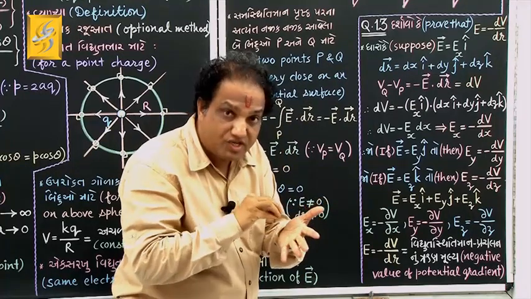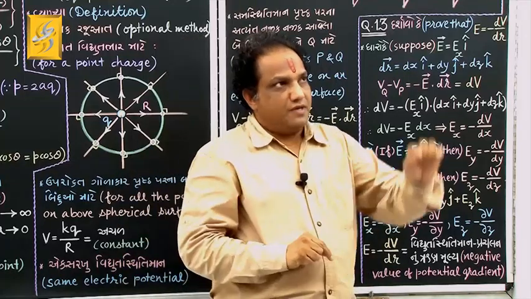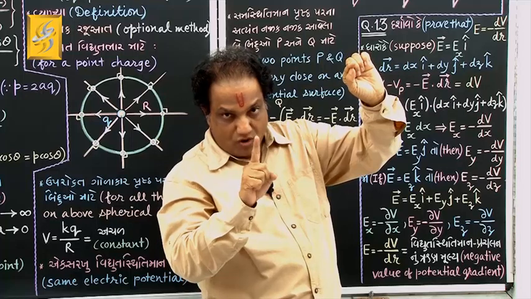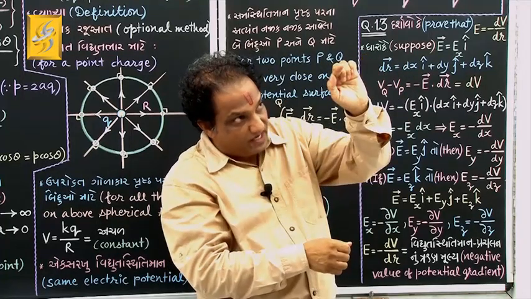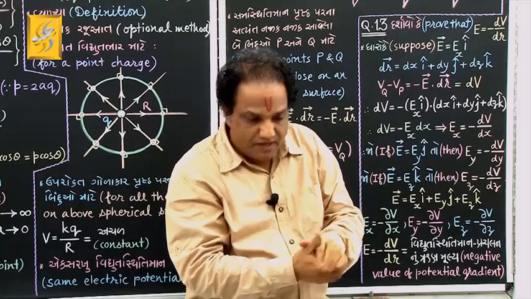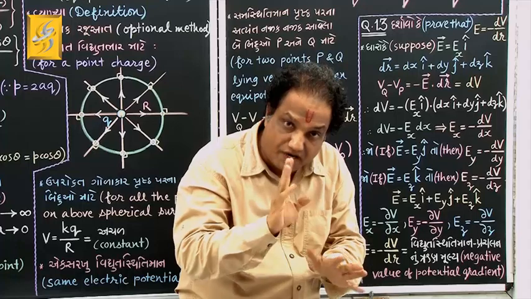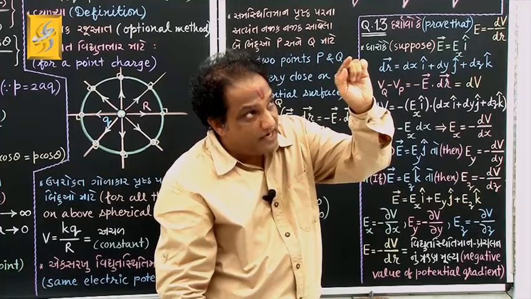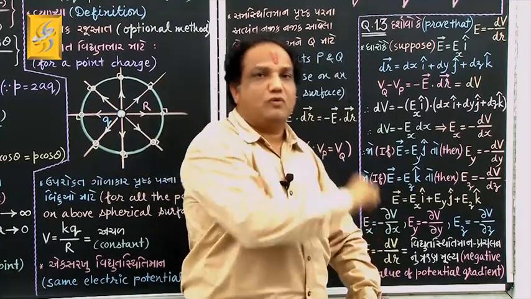Now, why is it a partial derivative? Why not complete? I am showing you. See, at a given point, say point P, in three dimensions you will have three coordinates of that point: x, y, z. You are finding the electric field at that very point. If the electric field in three dimensions has all three components, then the potential value at that very point will depend on all three coordinates of that point.